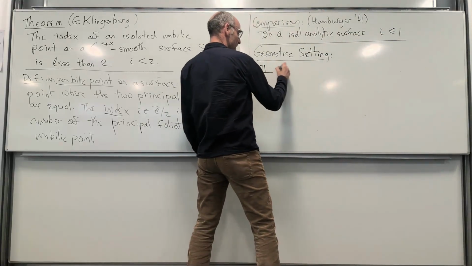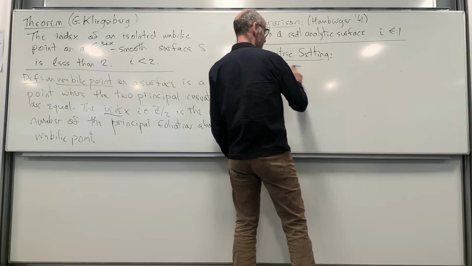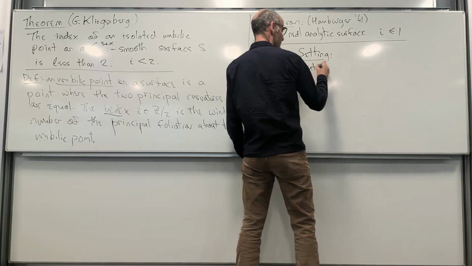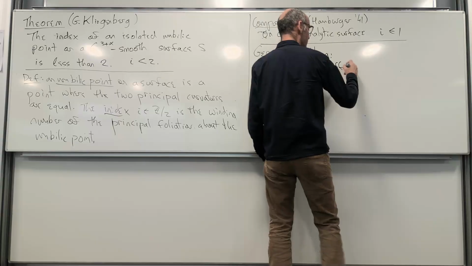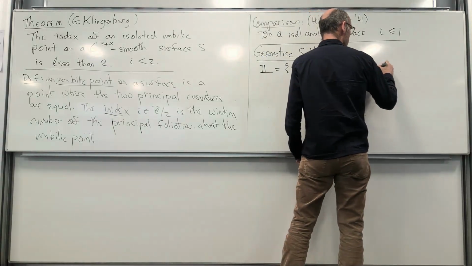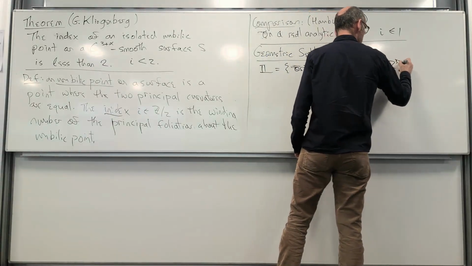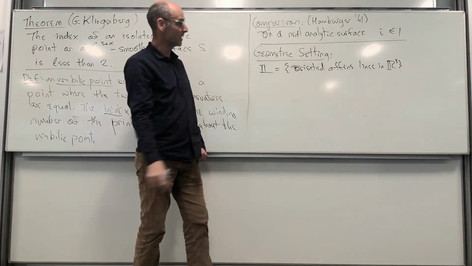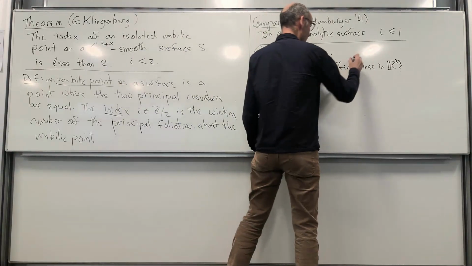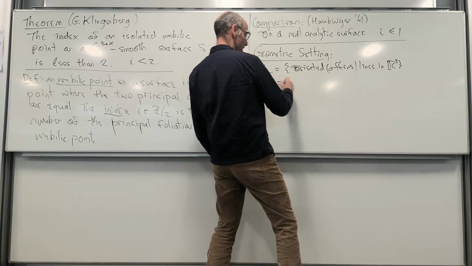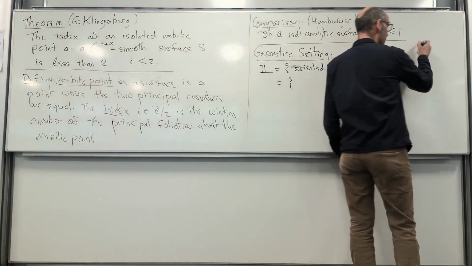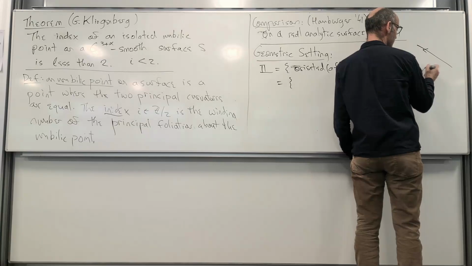L is going to be the space of oriented affine lines in R^3. So not the projective lines; we're just talking about the space of oriented lines in R^3. And you can describe that by two vectors. If you were to do a picture, there's your oriented line, there's your origin.